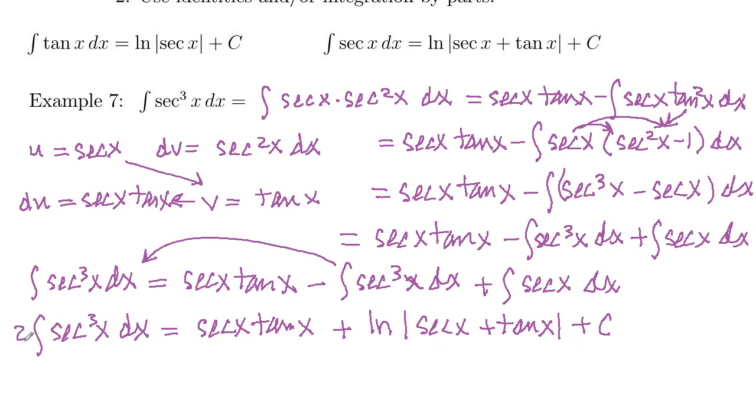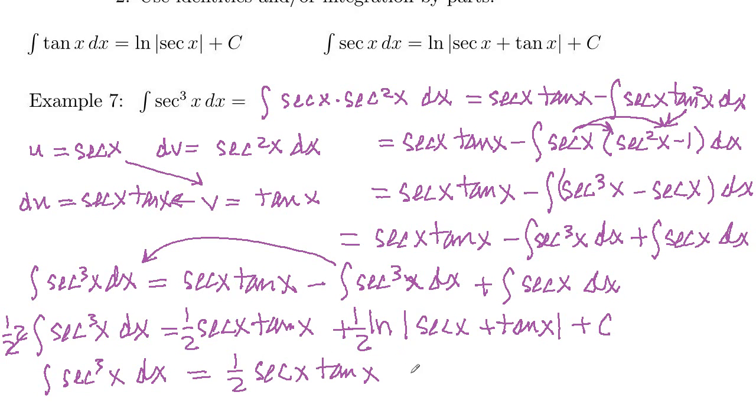And now we just need to divide both sides by 2, or if you want, multiply by 1/2. So these cancel, and our integral of secant cubed dx is 1/2 secant x tan x plus 1/2 natural log absolute value of secant x plus tan x, and then plus our constant.